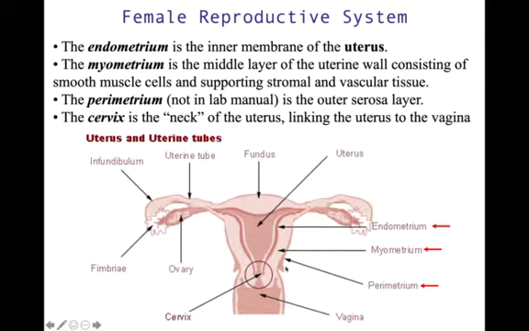And then the outer layer, which is not in your lab manual, so don't worry about this one, is called the perimetrium. Now, connecting the vagina, down here, to the uterus is this neck-like portion right here. This neck-like portion of your uterus is called the cervix.